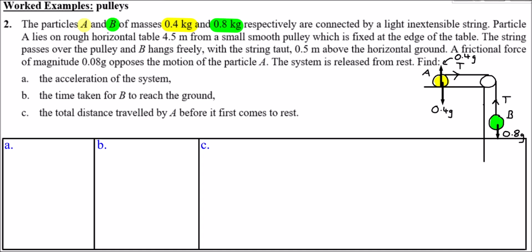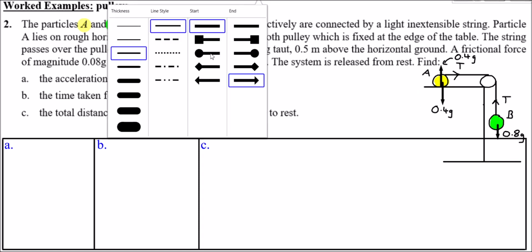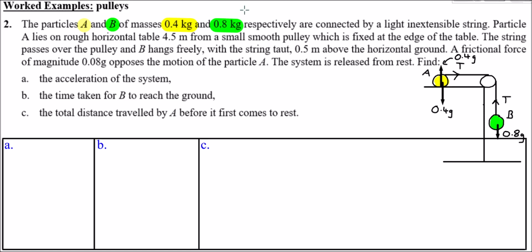Draw in the ground. We need to say, therefore, that B is 5 meters below the ground. What am I talking about? I mean 0.5 meters above the ground. Don't know what's wrong with me today.